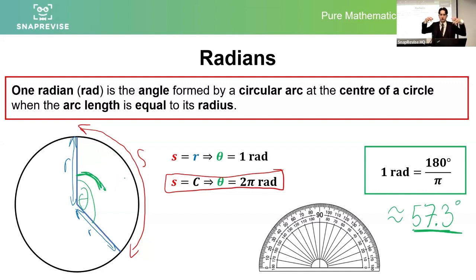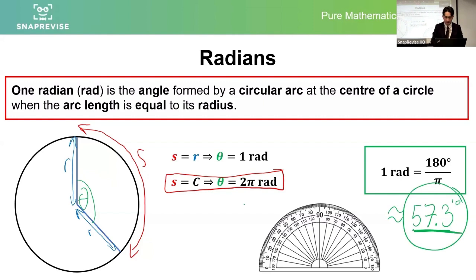So imagine you're in the circle, the arc is the same length as how far you are away from the arc. That would be 1 radian, about 1/6 of a circle. So 2 pi radians, 2 pi is roughly 6, 6 lots of this, or pi lots of this, is perfectly a straight line.